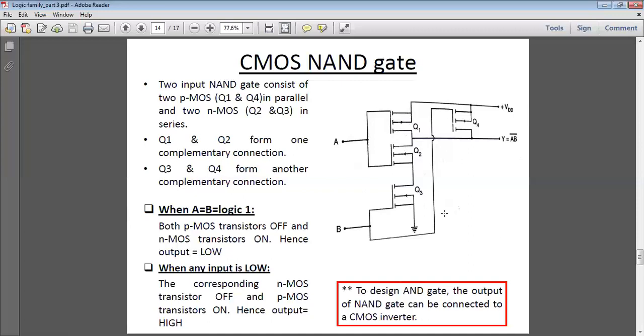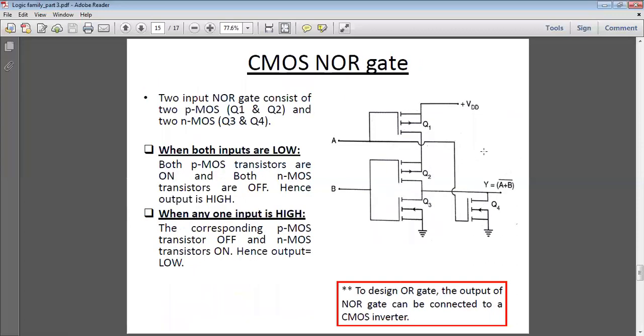To get the AND gate, the output of this NAND gate can be connected to a NOT gate, then we get the AND operation easily. CMOS NOR gate. There is a two input NOR gate consisting of two PMOS, Q1 and Q2, and two NMOS, Q3 and Q4. So when both inputs A and B are low, the PMOS transistors are on and the NMOS transistors are off.